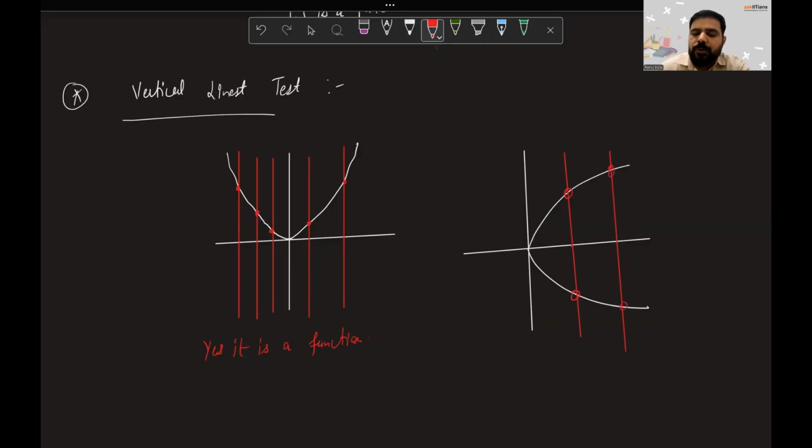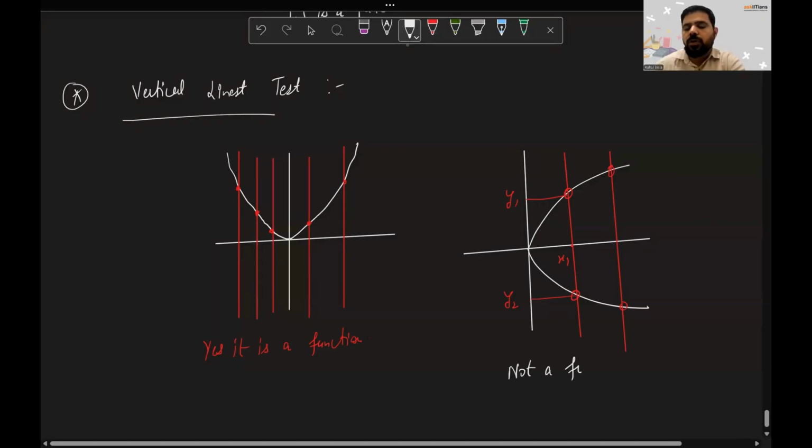That means if I put this x1 in as input, you'll get two different outputs, y1 and y2. Hence, this will not qualify for the definition of a function. This is not a function, right?